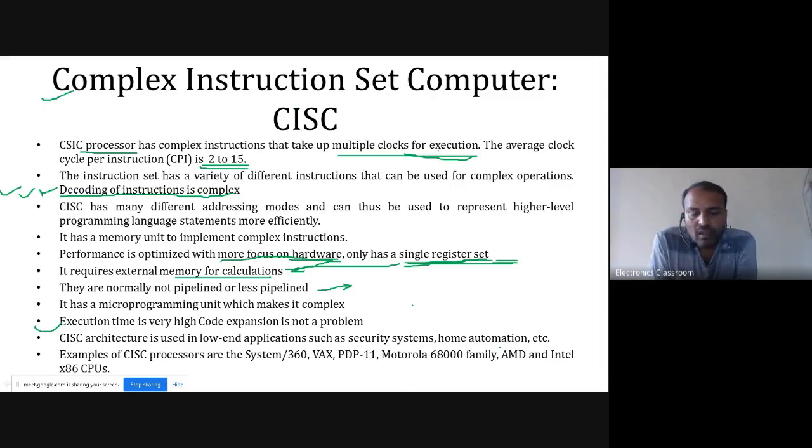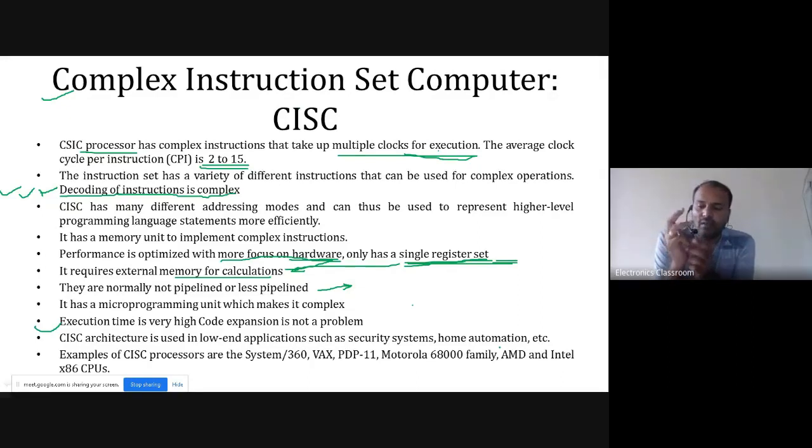Why? Because our instructions have various instruction sizes, I can use a complex instruction to remove multiple lines of program.